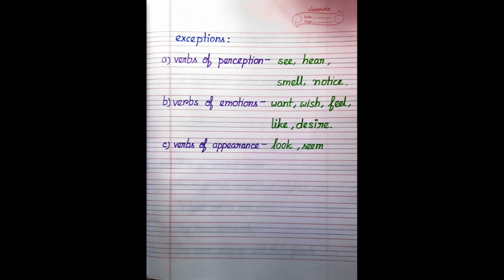Now, there are some exceptions. These are a few verbs which are not used in the continuous tense. That means they do not possess any ing form. Such kinds of verbs are verbs of perception like see, hear, smell, notice.